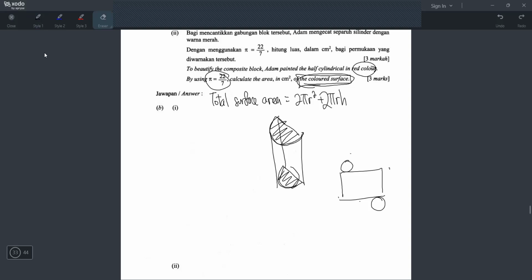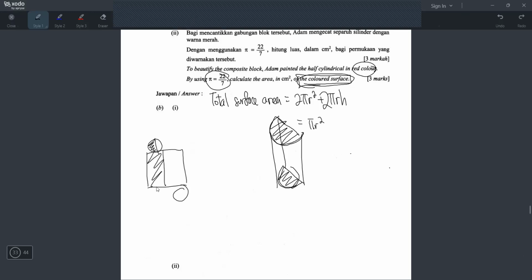Okay, now let's use this formula. But it's a half cylinder. So instead of finding 2 pi r square, I am actually finding pi r square, right? Because imagine if I open up the cylinder, it looks like this, right? But now I'm finding half. So because the total surface area is 2 pi r square for 2 circles, now instead of two circles, it's just one circle only, because this one is half.